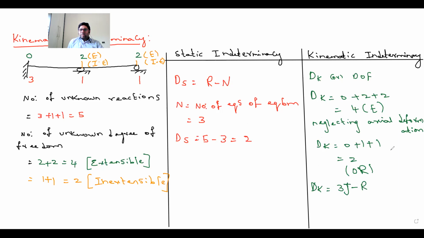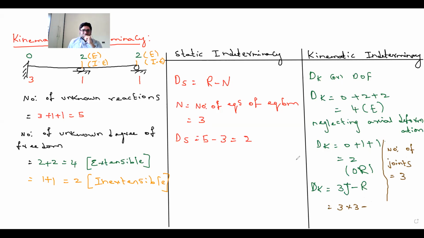So how many joints are there in the beam? 3 joints. Number of joints is equal to 3. So this is equal to 3 into 3 minus R, the reaction components. How many reaction components are there?